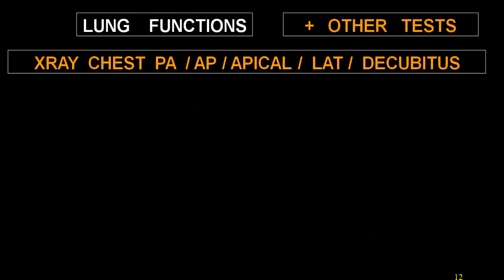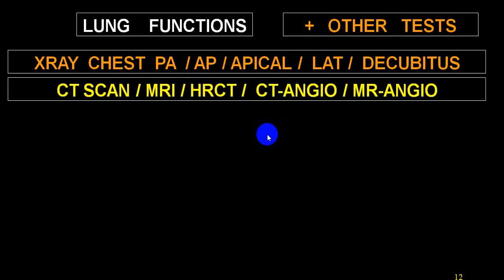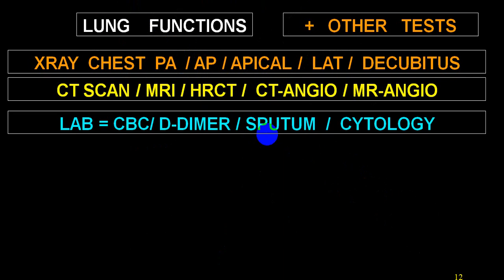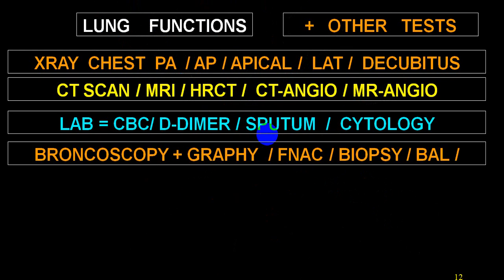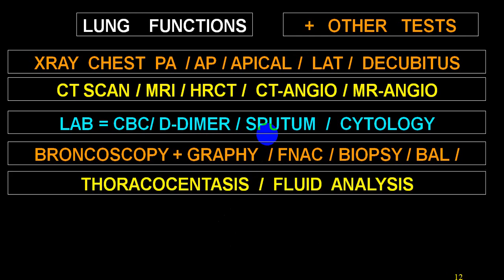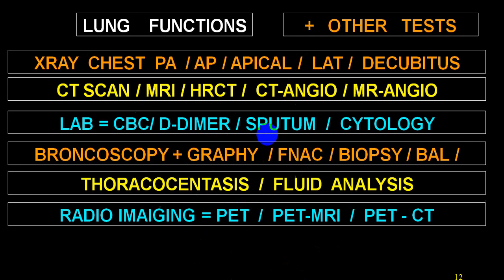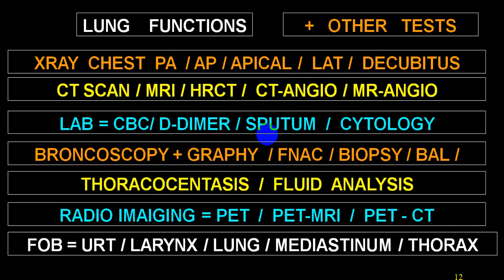As far as other tests are concerned, they are not included in lung function test, but these tests will help you to find out the lung pathophysiology: X-ray chest, CT, MRI, HRCT, CT angio, MRI angio, lab studies like CBC, D-dimer, sputum cytology, biopsy, bronchoscopy, bronchography, fine needle biopsy, bronchoalveolar lavage, thoracocentesis, fluid analysis, radio imaging like PET MRI, PET CT, fiber optic bronchoscopy, particularly for upper respiratory tract, larynx, lung, mediastinum.